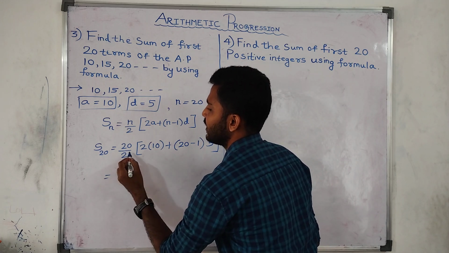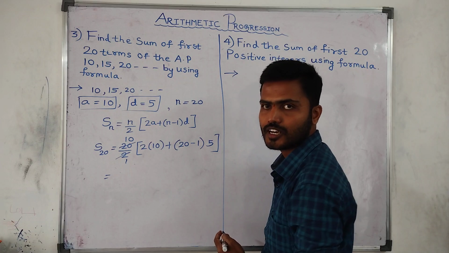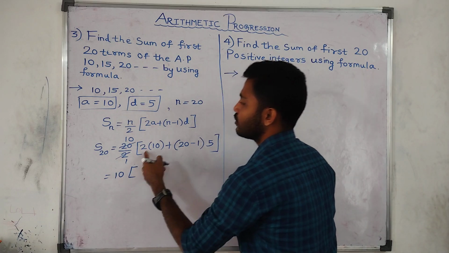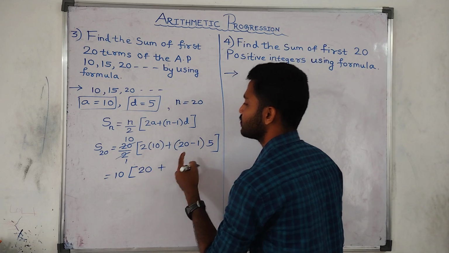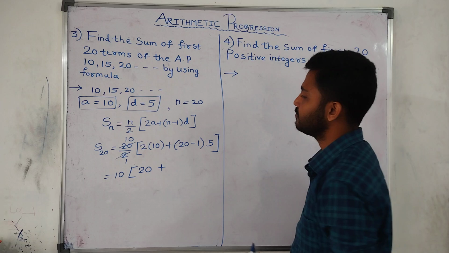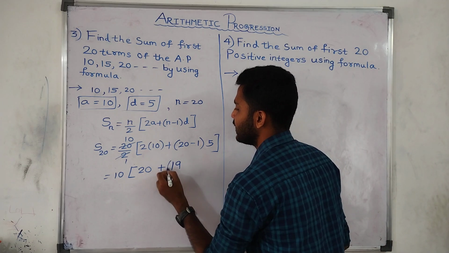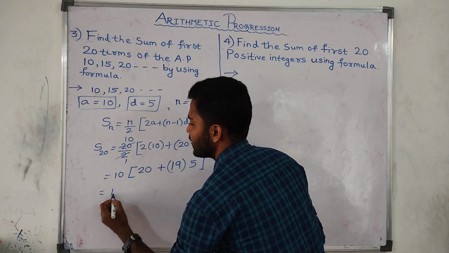Hold on. So 2 into 10 is 20, my dear students, plus 20 minus 1 is 19. So 19 into 5. So this is going to be 10.